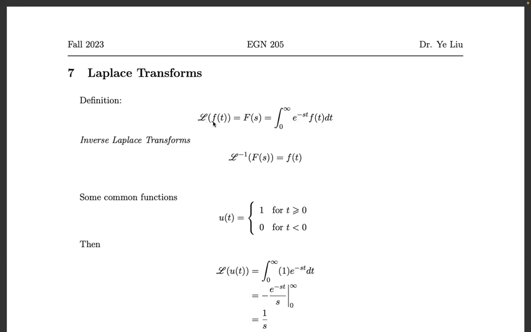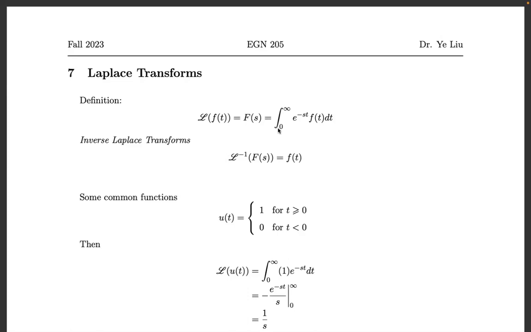The original function is f(t), in the time domain, t for time. Then L of f(t), where L is for the Laplace transform, equals capital F(s). Now the capital F function is in the s domain.